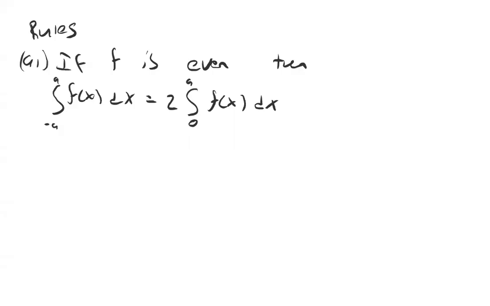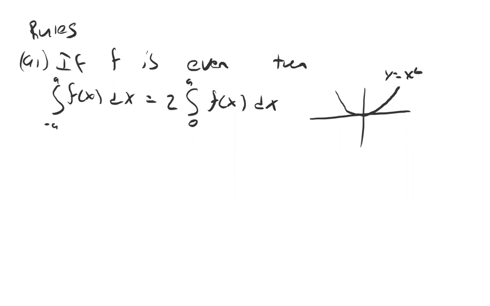So what this says, and the reasoning behind it, the proof's not too bad. Let's look at something that is even, so you can see the reasoning. Something that's even is x squared.